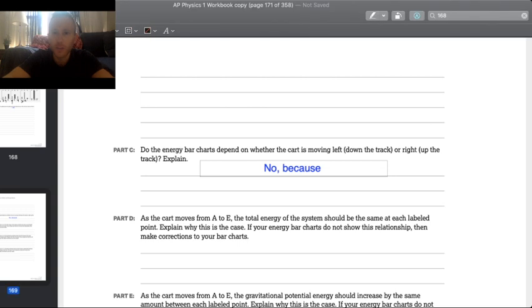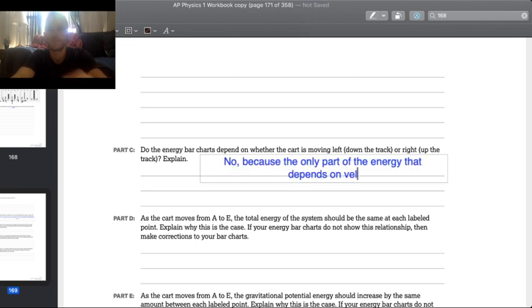So I would say no, because basically the only part of the energy that depends on velocity or direction of motion, which is the velocity, is the kinetic energy.